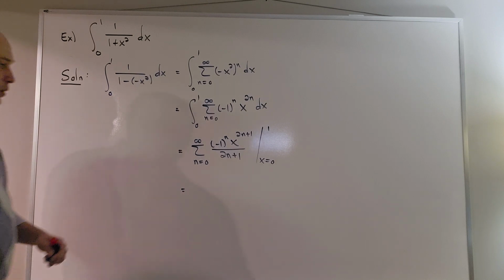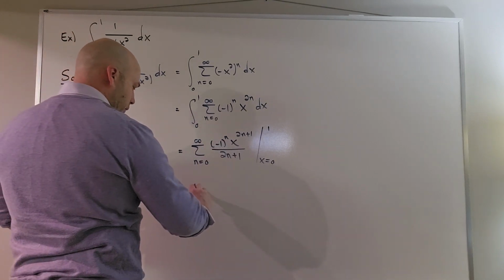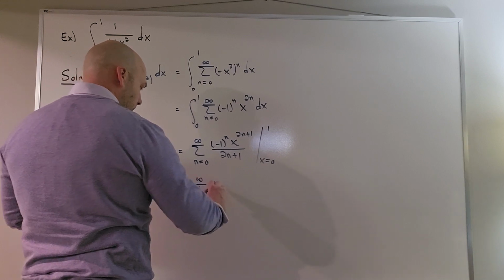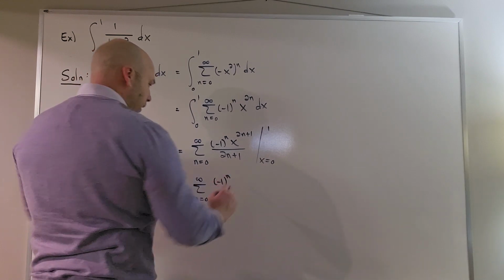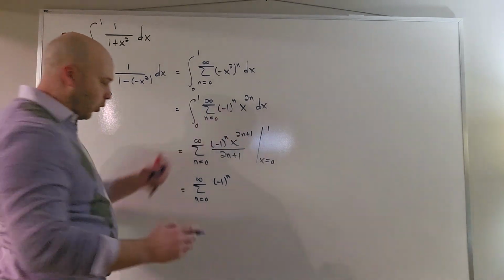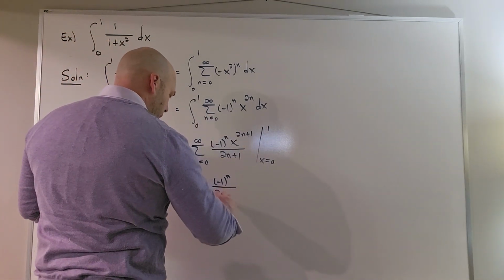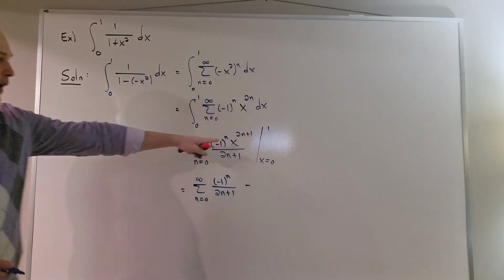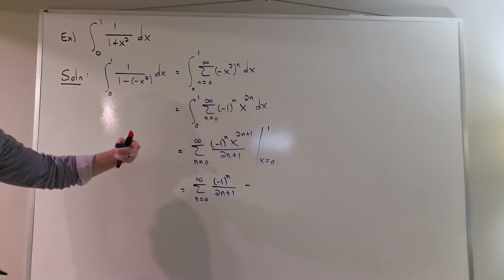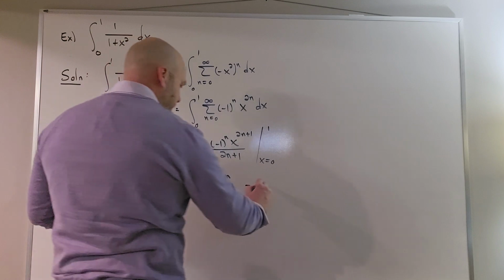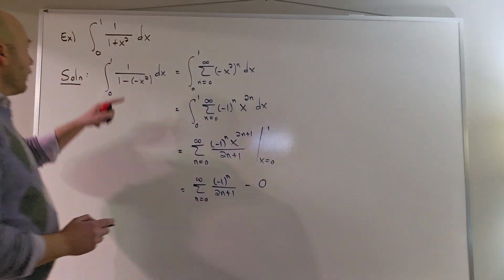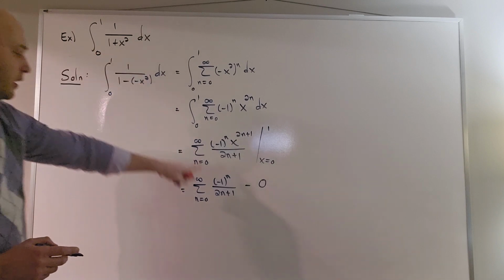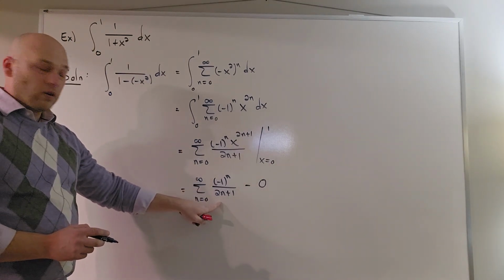Plug in 1 for x, that would give me the summation of (-1) to the n, and then 1 to the 2n plus 1, so 1 over 2n plus 1. And then minus, when I plug in 0 for x, every term is going to be 0, so the summation of zeros is 0. And therefore, the value of this definite integral is given by this infinite series.